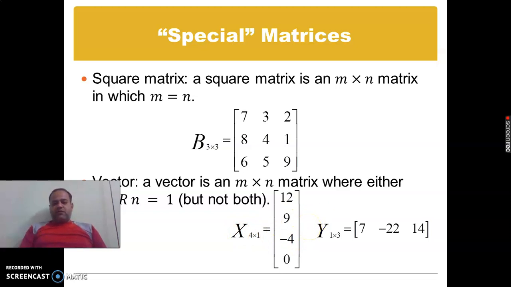So here we see that this X matrix has order 4 by 1, containing 4 rows and 1 column. So this X is a vector, and also we change the order and construct a new matrix Y of order 1 by 3. So here again Y is a vector.